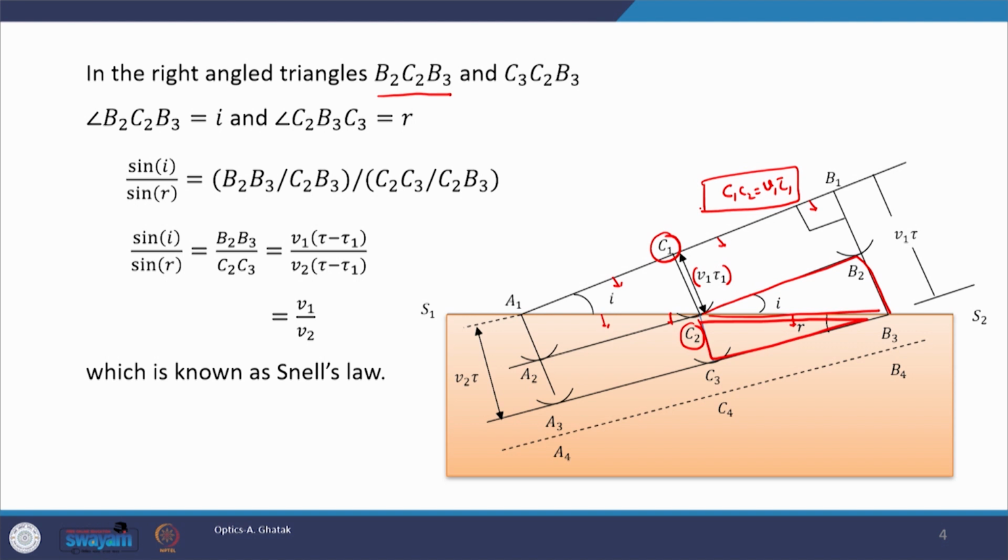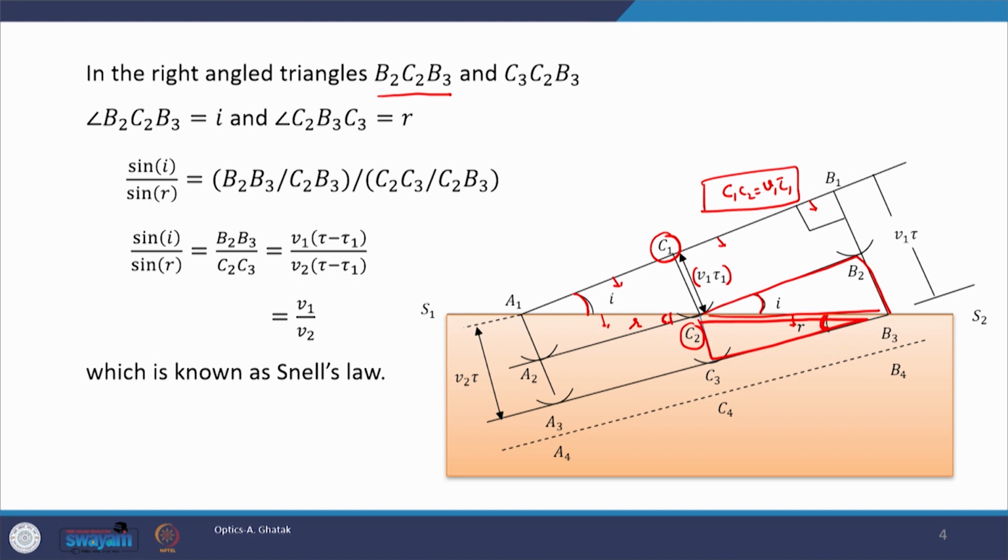We also assume that the angle of incidence of this wavefront at the S1 S2 interface is I. Therefore, this angle would be I, which is our angle of incidence, and suppose the angle of refraction is R, therefore this angle would be R.